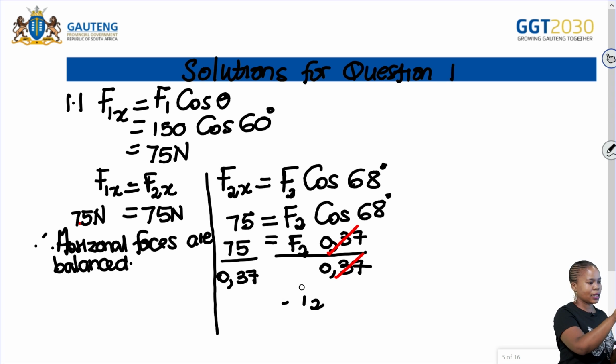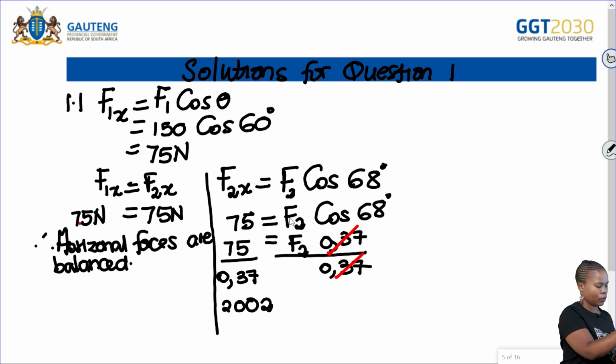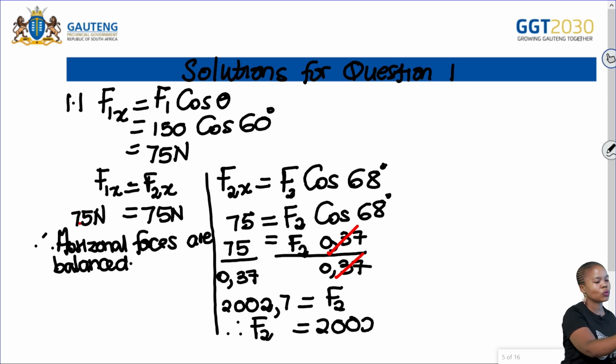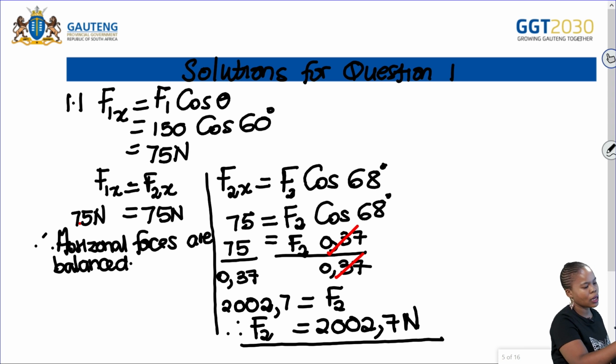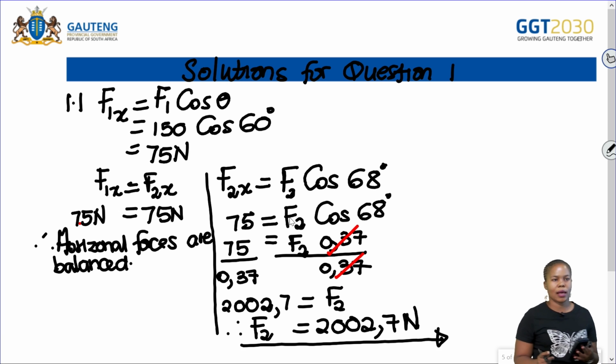Just write it nicely. 202.7 is equal to F2. Therefore F2 is equal to 202.7 newtons. Don't forget your units. Units are very important. They specify what you are talking about.